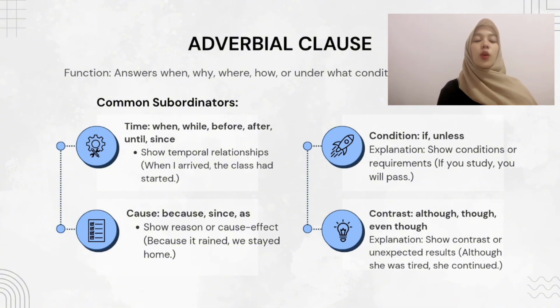It shows conditions or requirements, such as if you study, you will pass. And the last is contrast, such as although, though, and even though. It is used to show contrast or an unexpected result. For example, although she was tired, she continued.